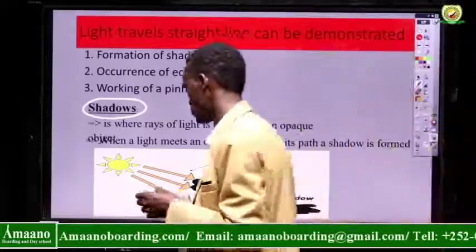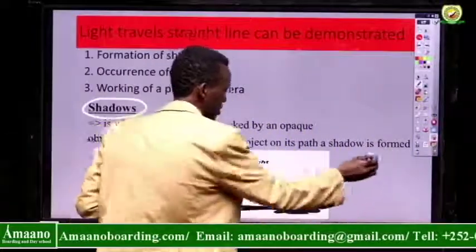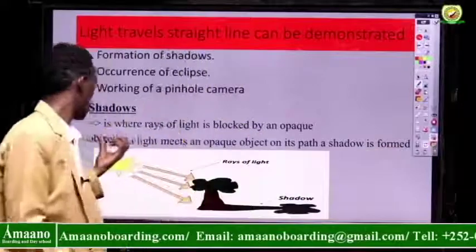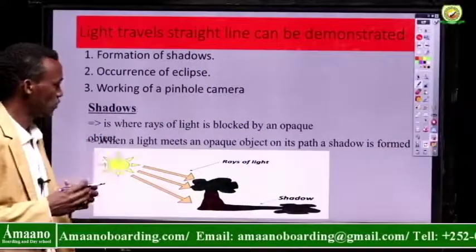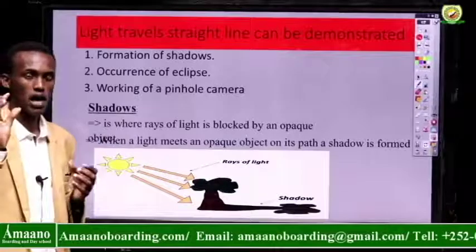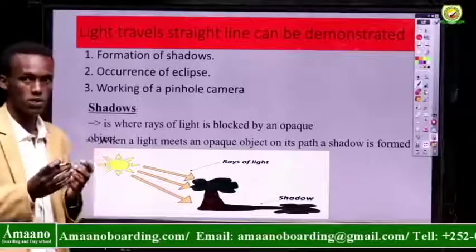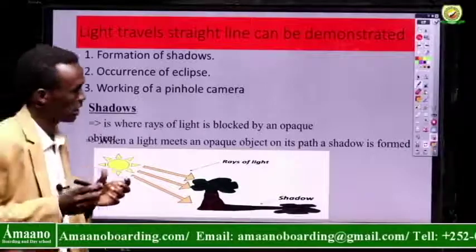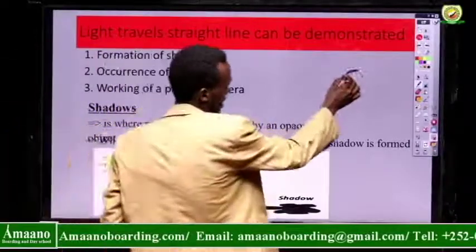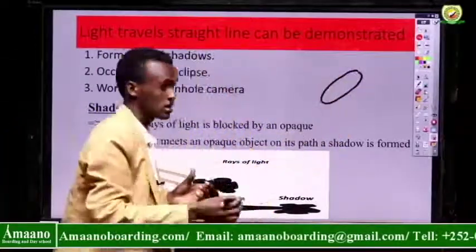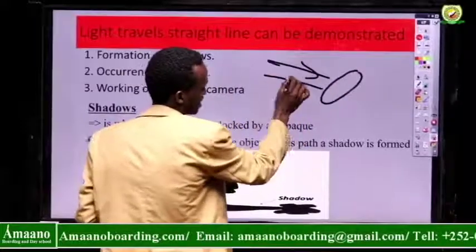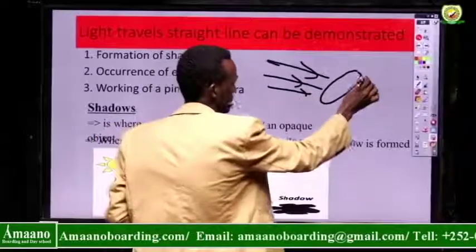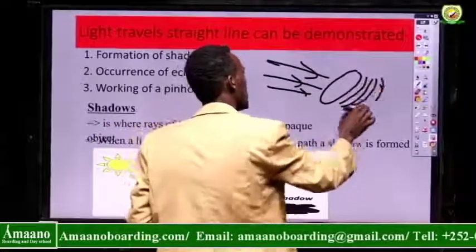A shadow forms when rays of light are blocked by an opaque body. For example, this opaque body. When rays of light strike this opaque body, the shadow of the body forms behind it.